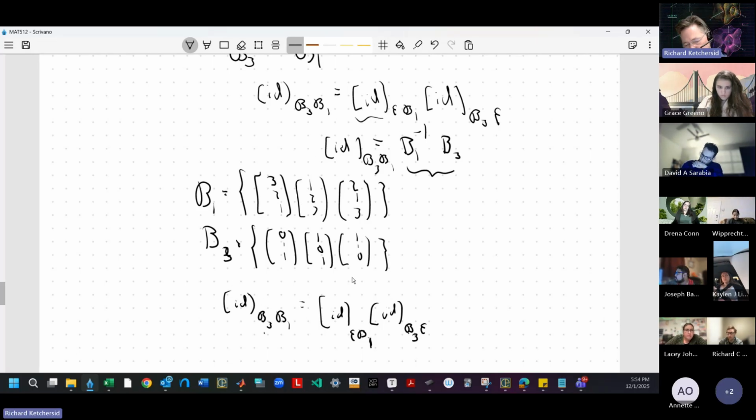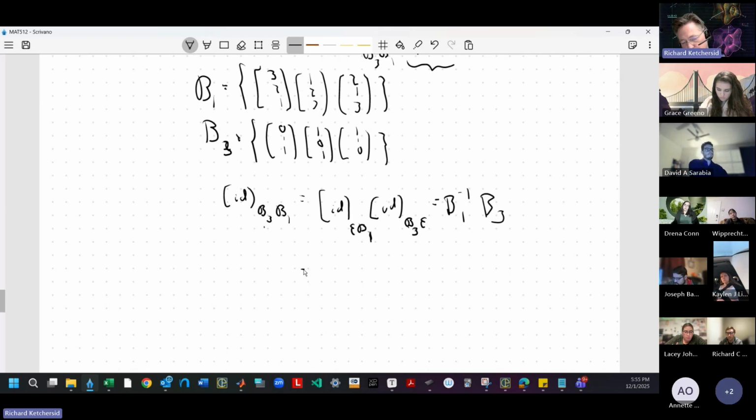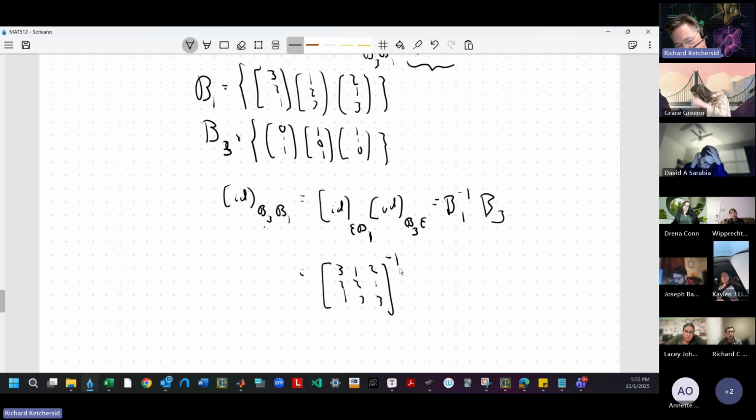But now we know this one here is the inverse. So this is B1 inverse, and this is B3. And so what are those things? Well, B1 is just that. So this is just 3, 2, 1, 1, 2, 3, 2, 1, 3, inverse.